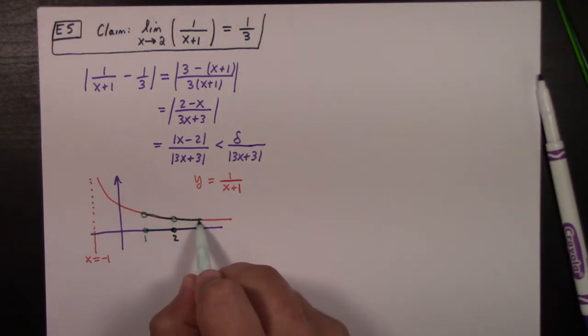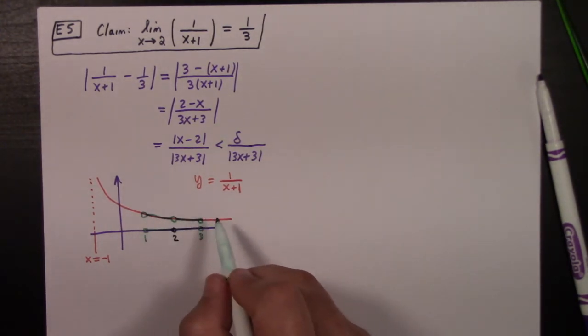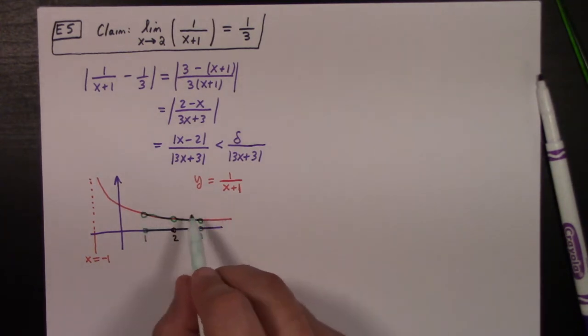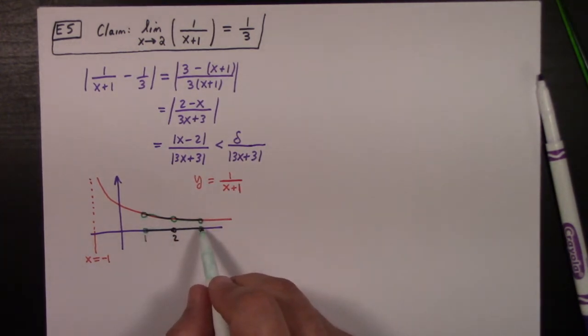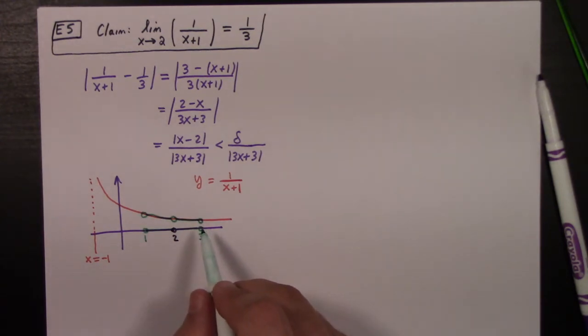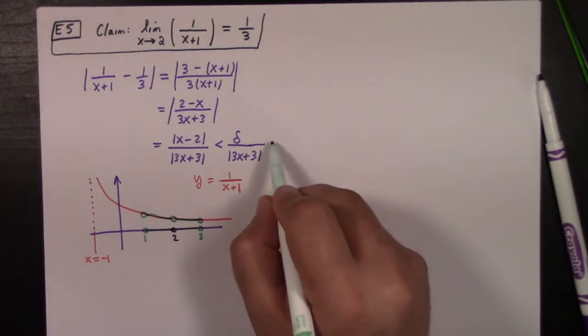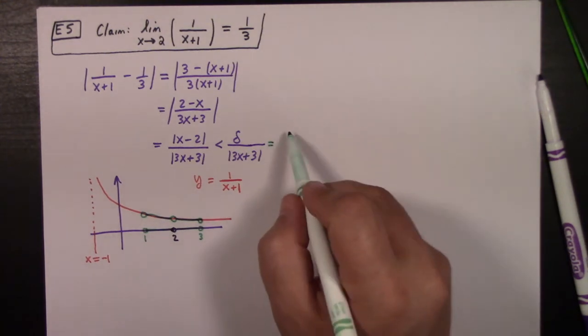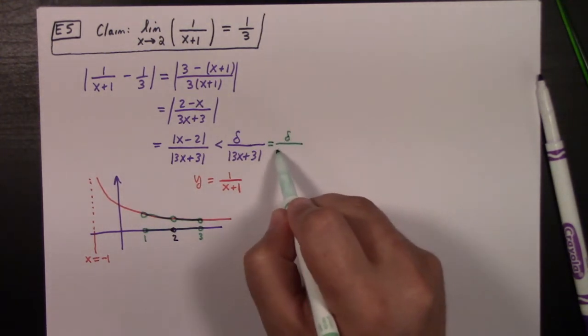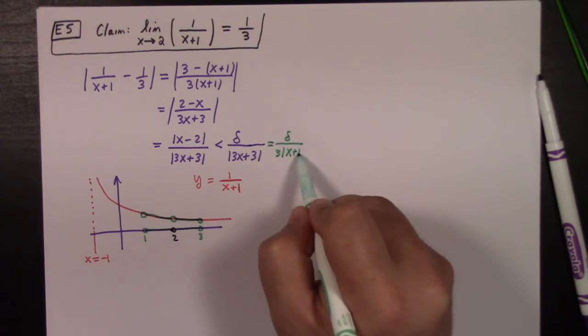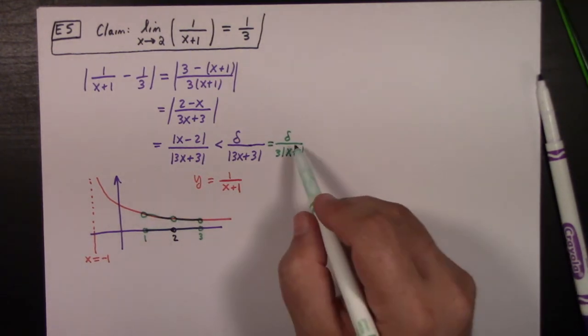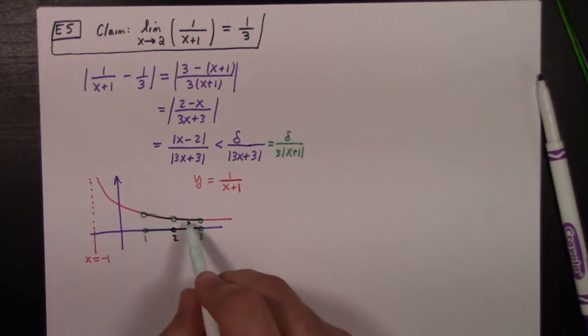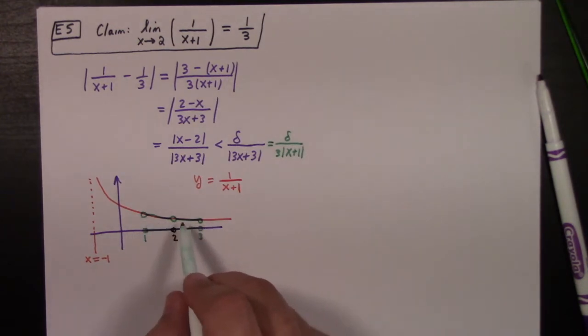These values, it's pretty clear that that's 1 over x plus 1. What's that 1 over x plus 1 you have to deal with? It's that. Fine. This is 3 times the absolute value of x plus 1. So, it looks to me like we can pretty clearly see what's going to happen.